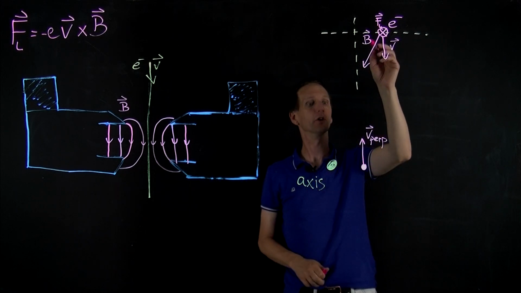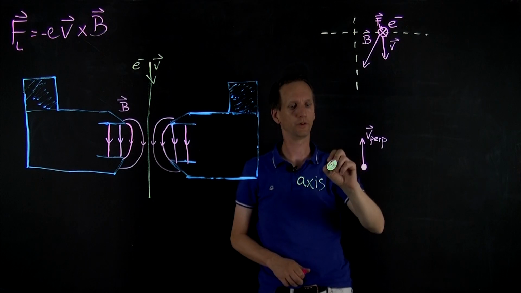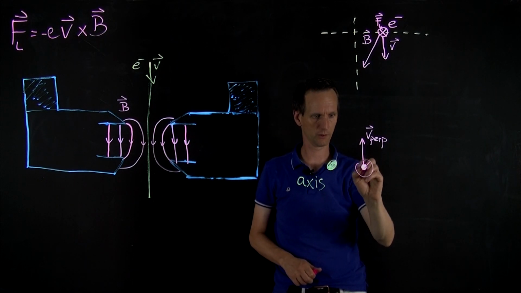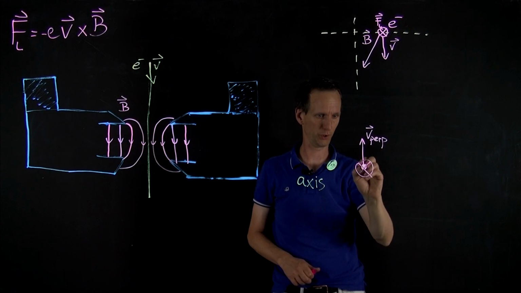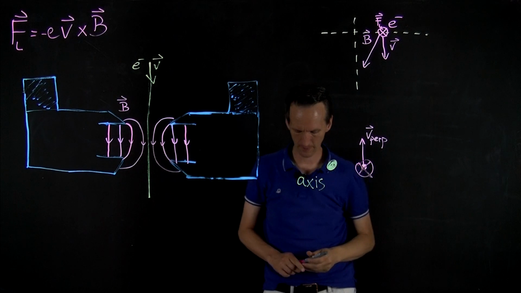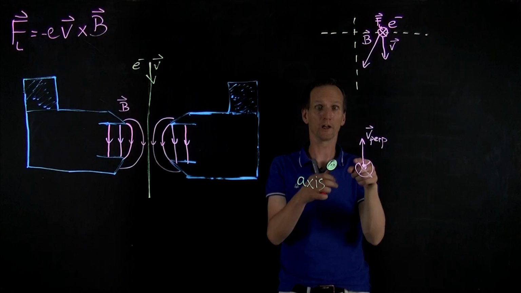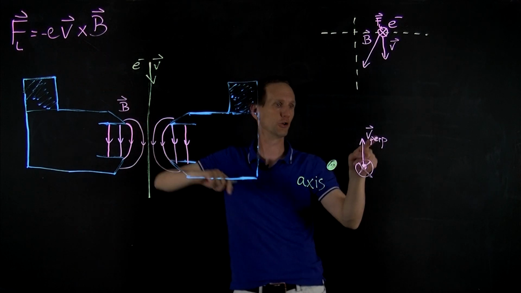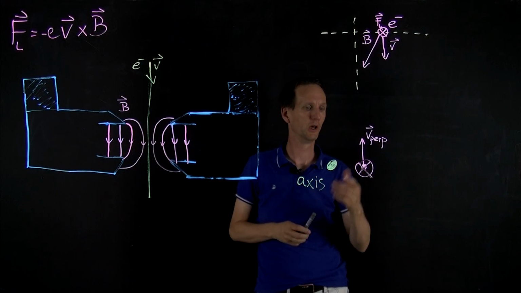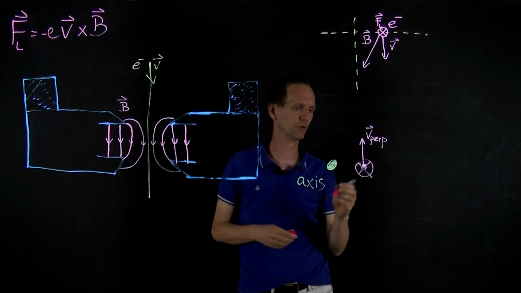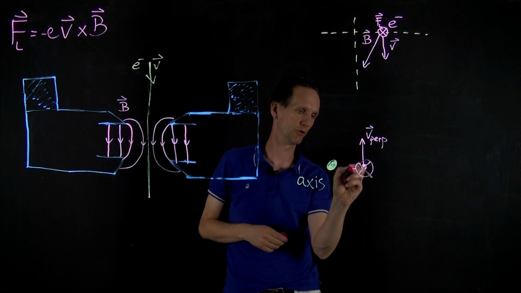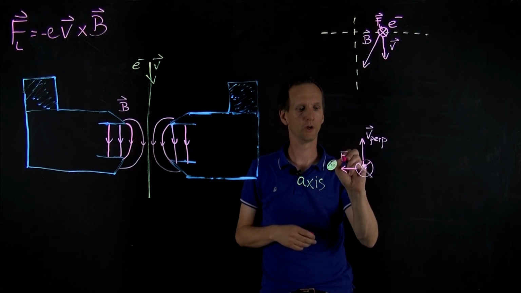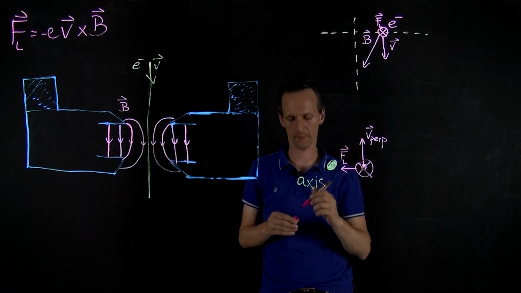Now our B field again points in the direction of the axis, so in this case the B field is pointing into our screen. And this again means that we get an additional direction for the Lorentz force, the Lorentz force exerted by the perpendicular velocity. Again we can apply the right-hand rule, and we see that in this case the Lorentz force is pointed towards the axis.